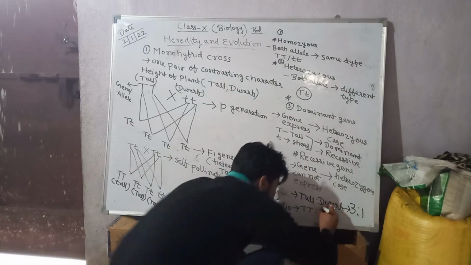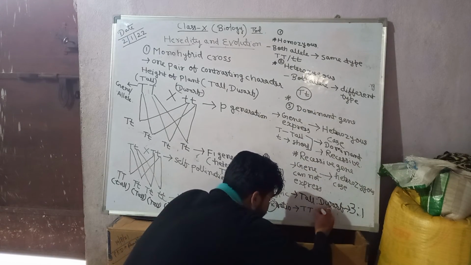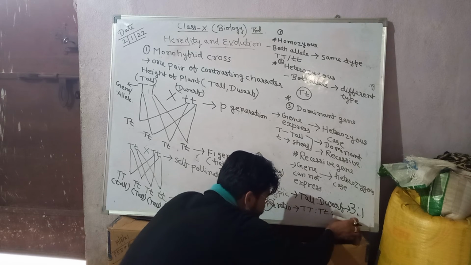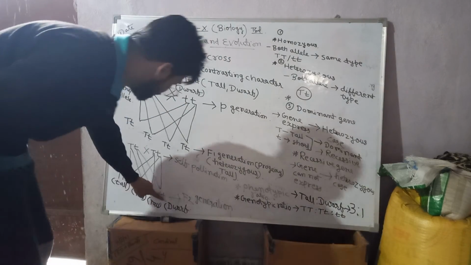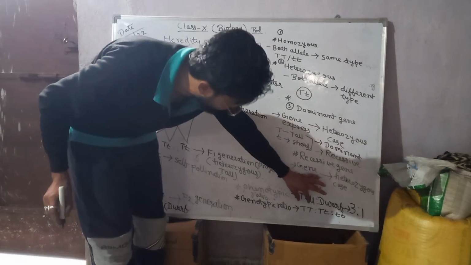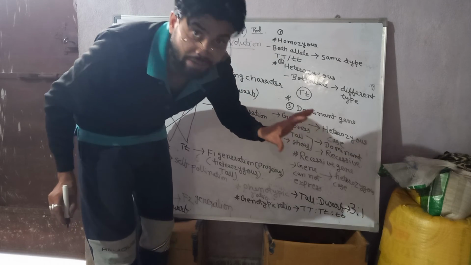And the third one, my dear student, both the genes are small t and small t. So three types of genetic constituent are there.